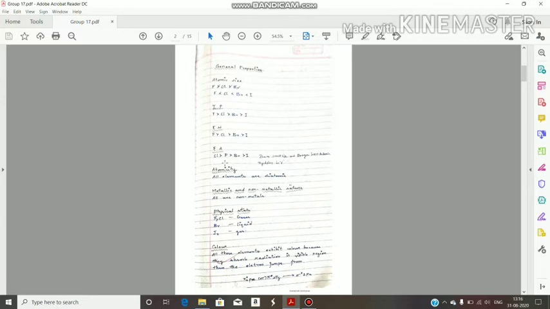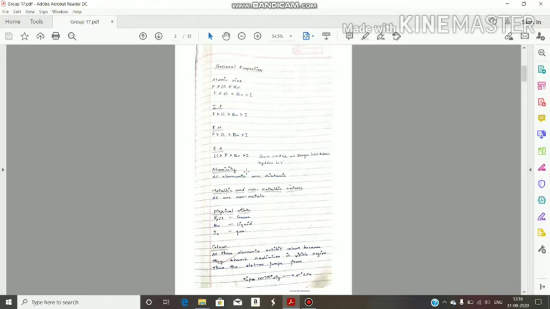That means compared to chlorine, fluorine has small size, and in fluorine interelectronic repulsions are more. If interelectronic repulsions are more, it cannot gain electrons easily. If it cannot gain electrons easily, automatically it will have less electron affinity. So what is the answer? Due to small size and stronger interelectronic repulsions, fluorine has less EA than Cl. That is the single line answer.